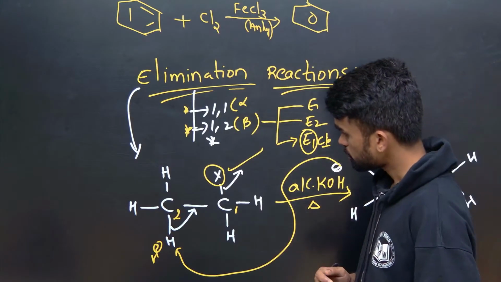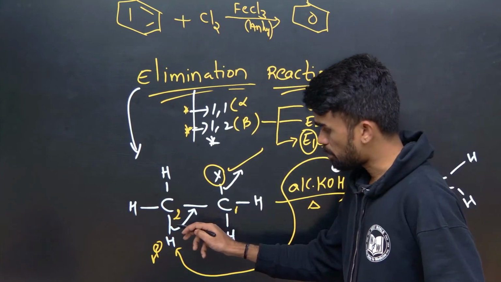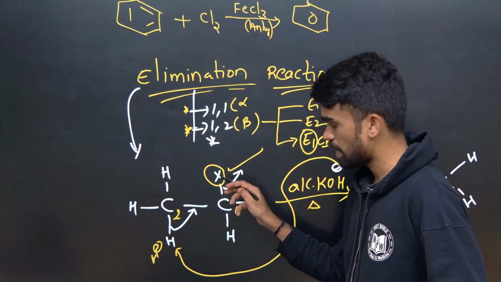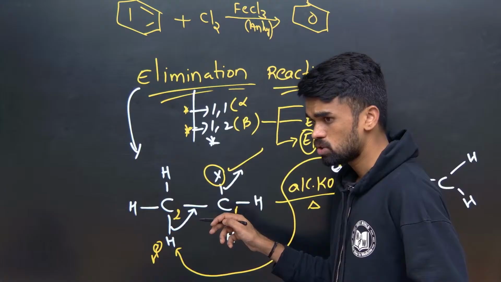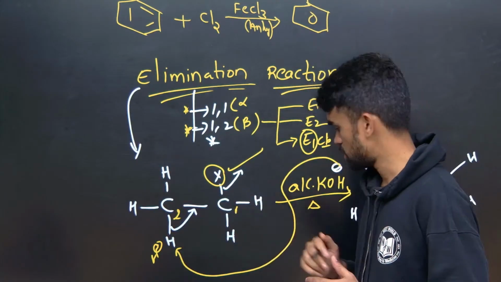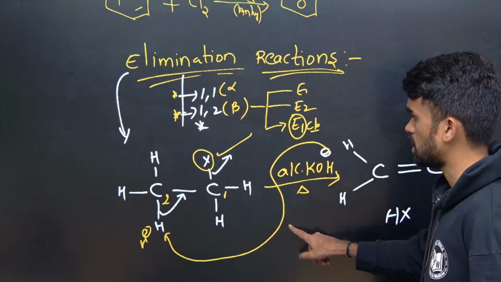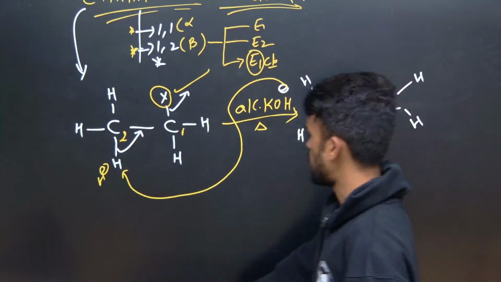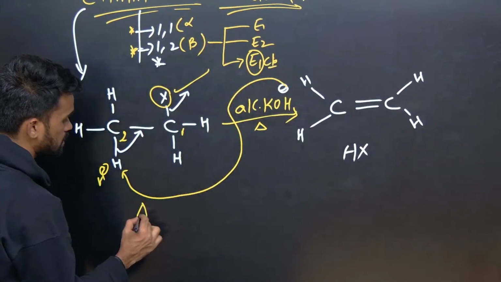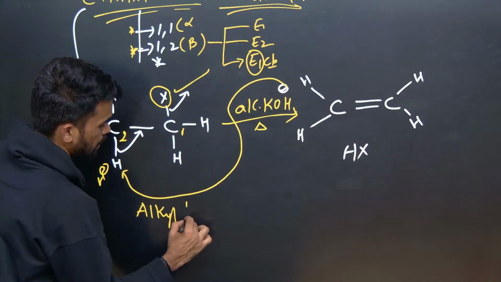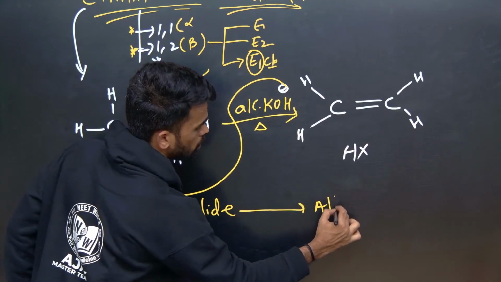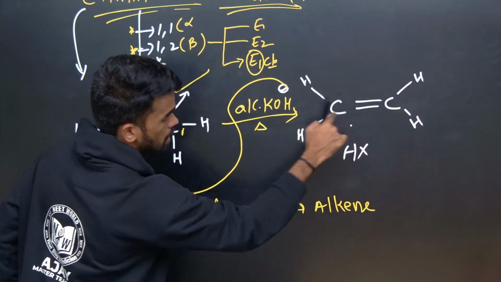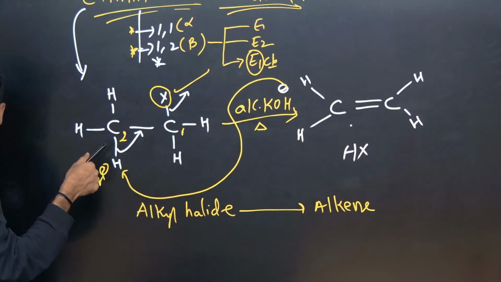One hydrogen and one halogen X are eliminated from this position, so can we say it is an elimination reaction? Yes, this is what happens in elimination reactions. So what we have seen: alkyl halide converted into alkene. This is the alkene, and this is the alkyl halide.